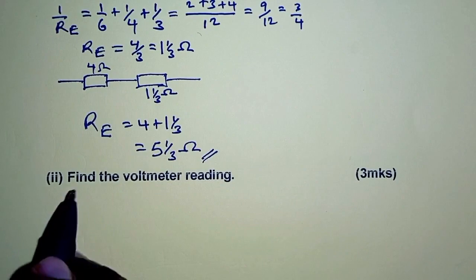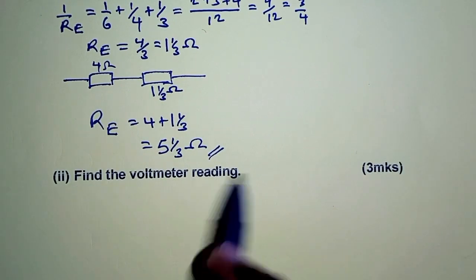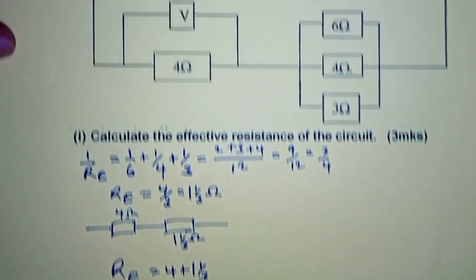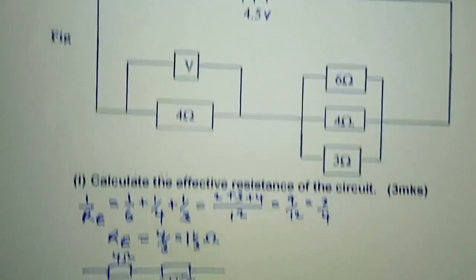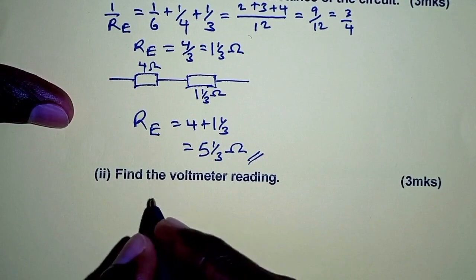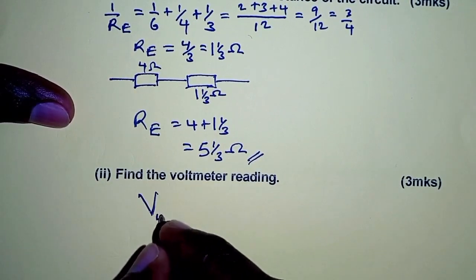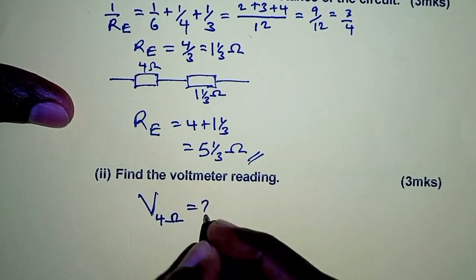Now for the second part, you're required to find the voltmeter reading. Now the voltmeter is connected across the 4 ohm resistor. In other words, we are required to find the voltage across the 4 ohm resistor.